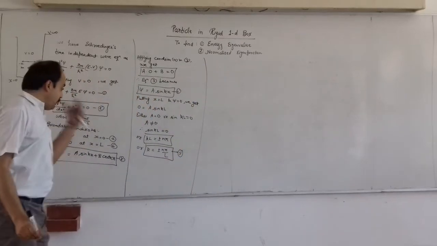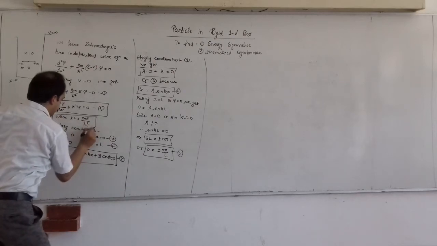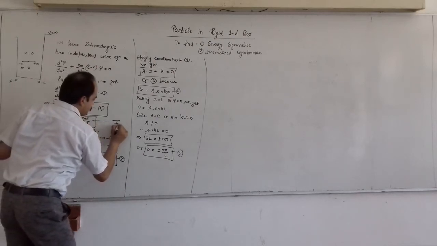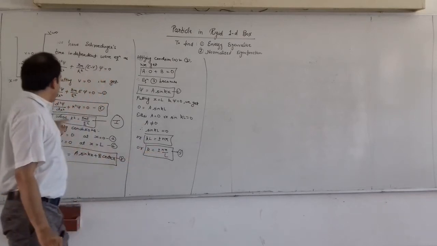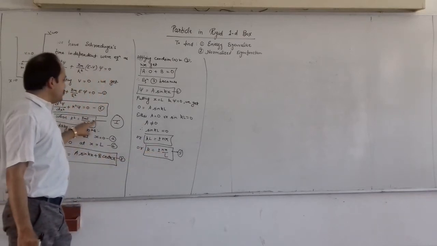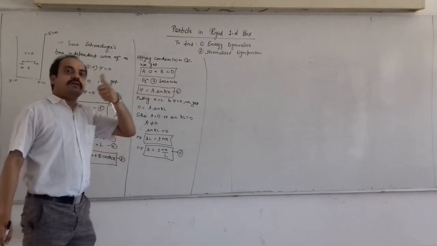So putting this value of k in equation number 1, we can get the energy value, and putting this value in equation number 4, we can get our wave function.